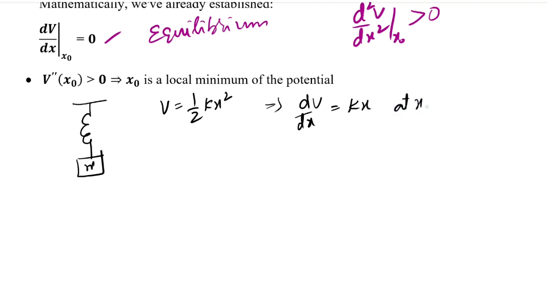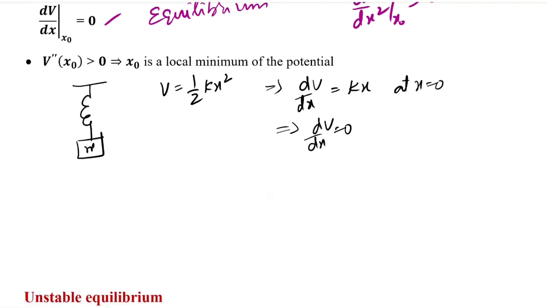At x equal to 0, it automatically yields dV by dx equal to 0, which means the particle is at an equilibrium point. Now what is the double derivative? d square V by dx square gives k, a positive quantity, so we can say it is a local minimum.